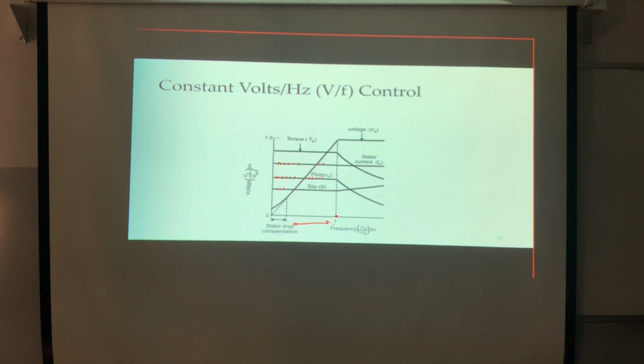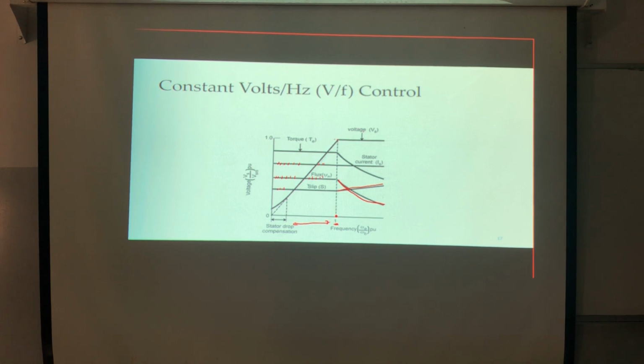Until I reach the F rated. After the F rated, I cannot maintain the ratio between the voltage and the frequency constant, and the voltage should be constant, correct? Now here, if I need to regulate the current to be constant, then the slip should be increased, and the flux will be reduced. Why?